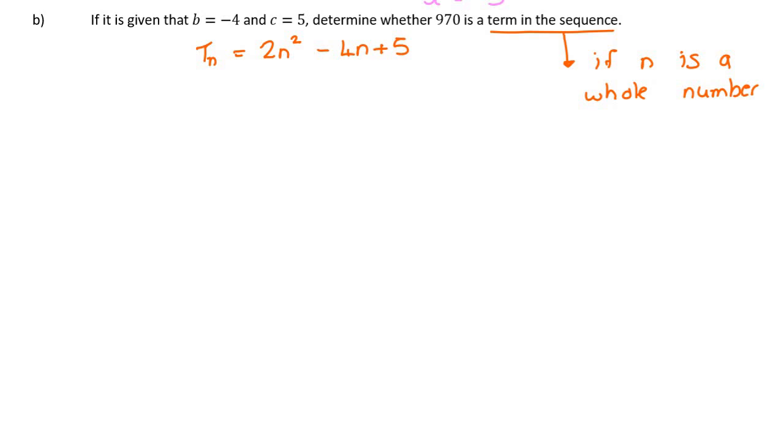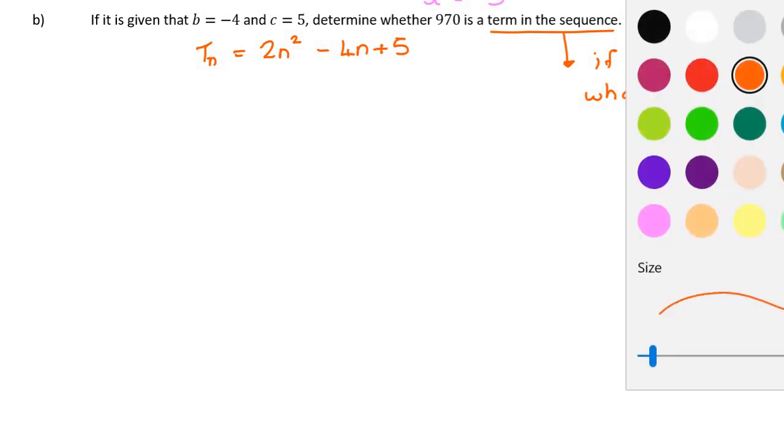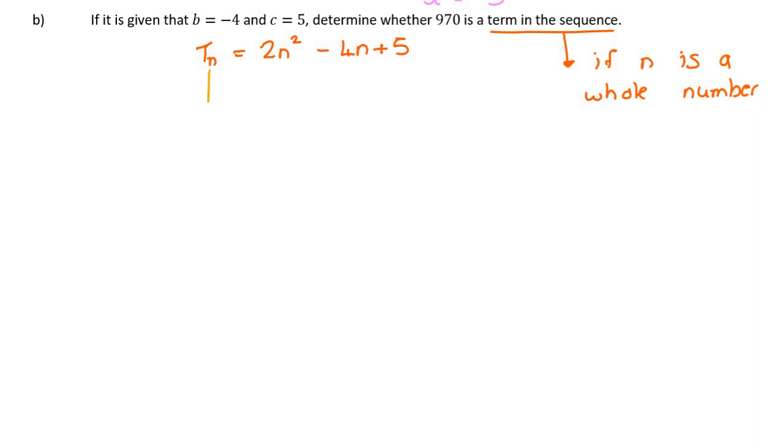So you can't have fraction positions, you can't have negative positions. And so if 970 lands up being in this sequence, it means that if I put in 970 as the term, will I get out a whole number? Do I get a position that's possible? And so basically this ends up being a quadratic equation.